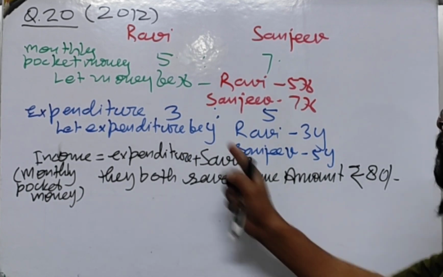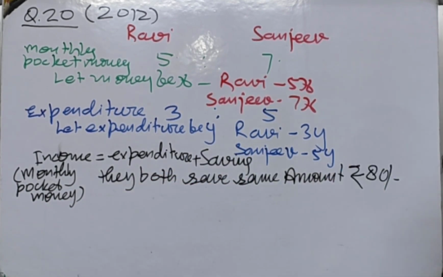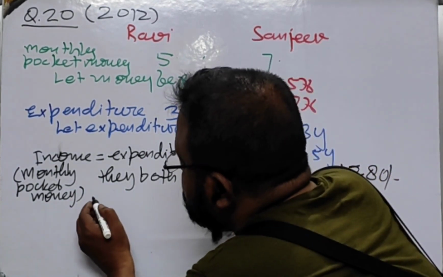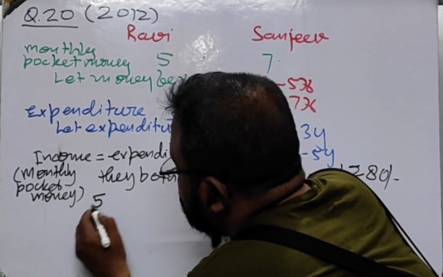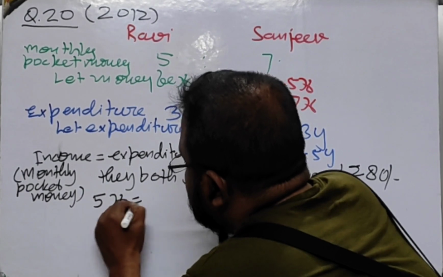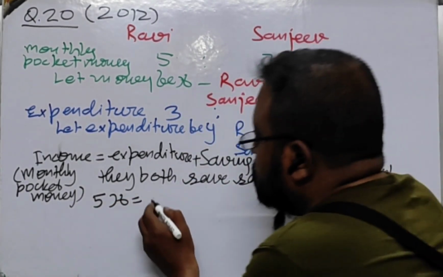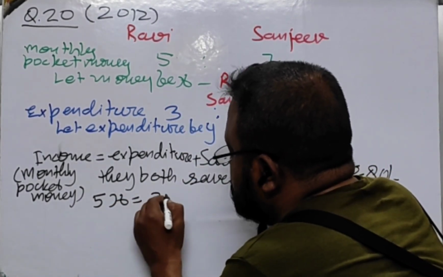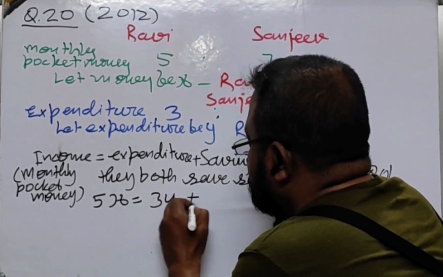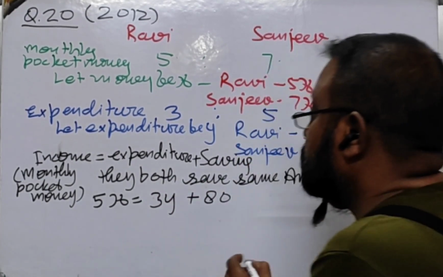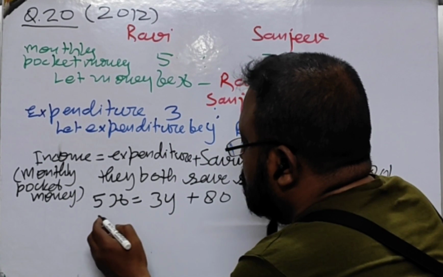So when we put the values here, our equation for Ravi is 5x equal to 3y plus 80.